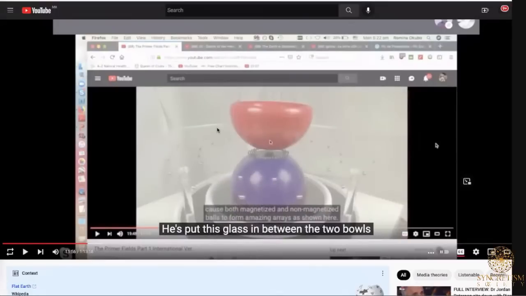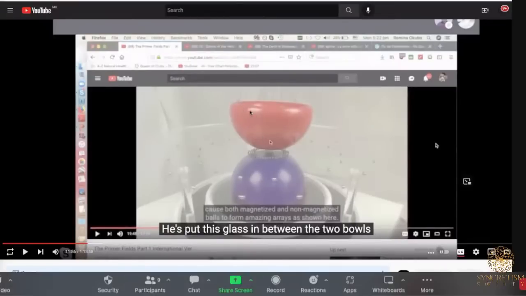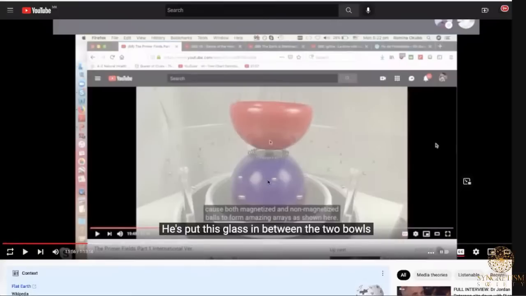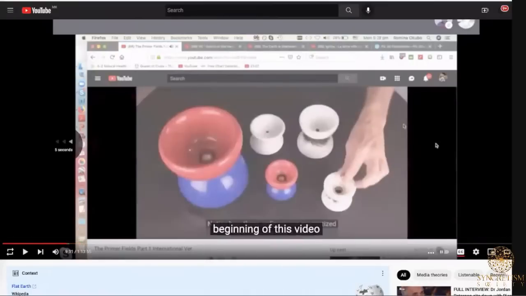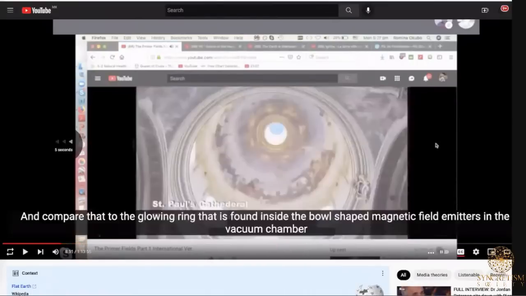Here he's got some plastic dividing the two positively and negatively charged iron dome-shaped bells. Because that's what he did first. Let's go back.